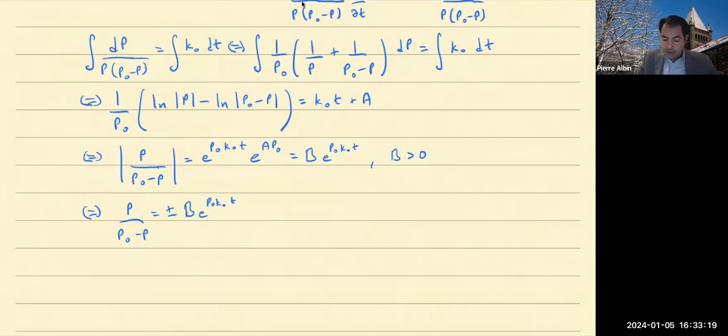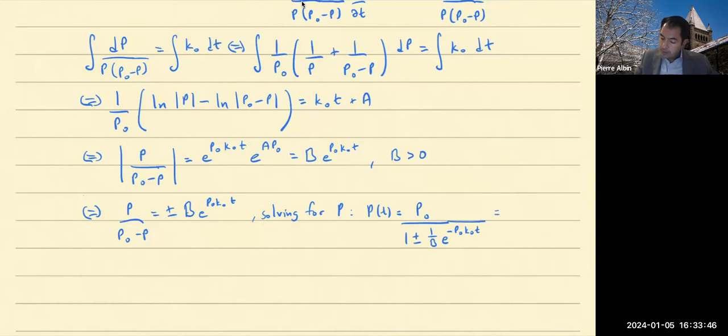And then solving for p, we find that p of t is equal to p naught divided by 1 plus or minus 1 over B times e to the minus p naught k naught t, right?